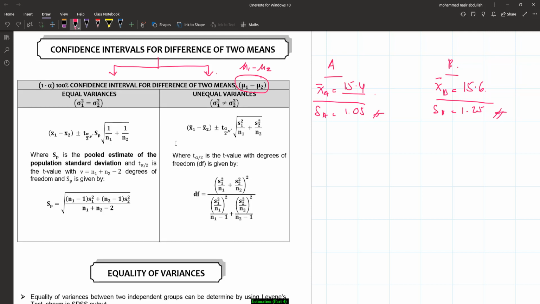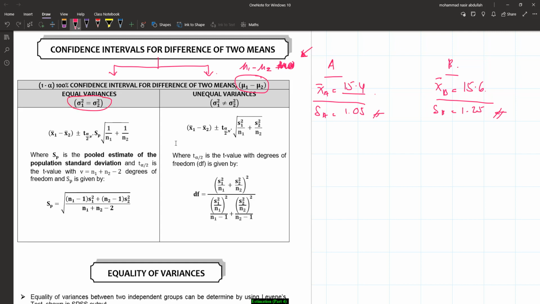We want to know whether the difference between the means of population 1 and population 2 is equal to 0 or not equal to 0. Later on I will explain more about this. If the difference is equal to 0, there is no difference. If the value is not equal to 0, then we can say that there is a difference between A and B.